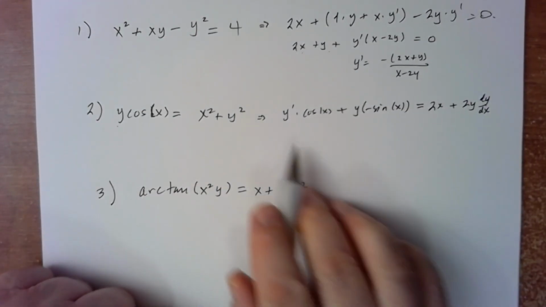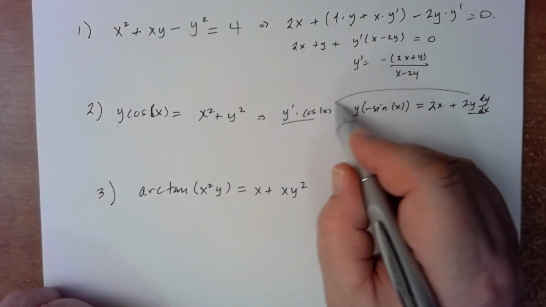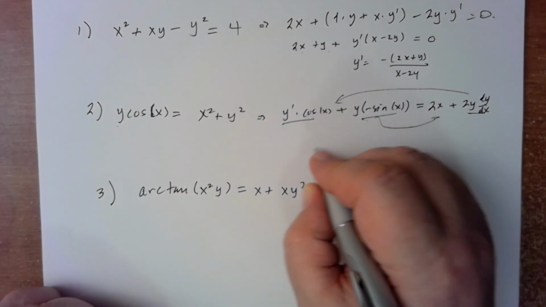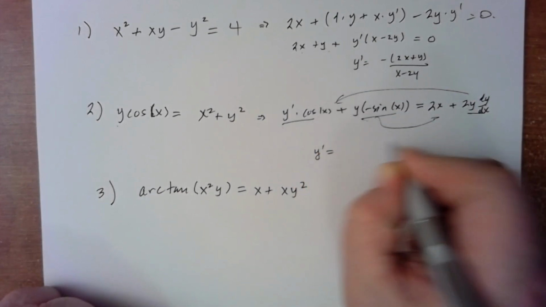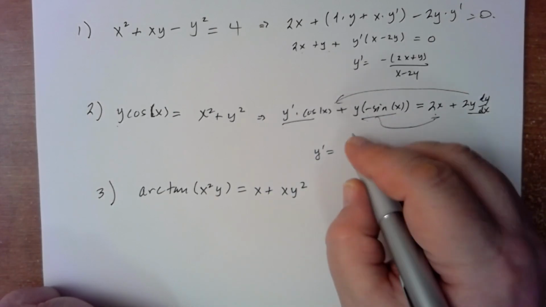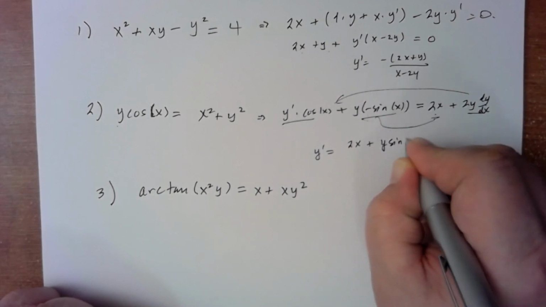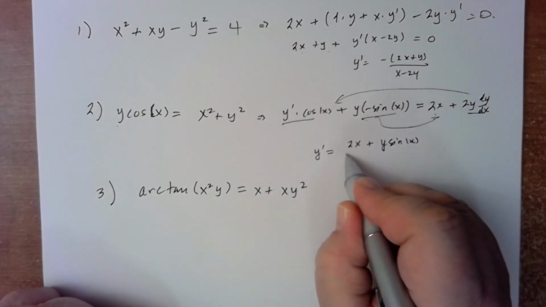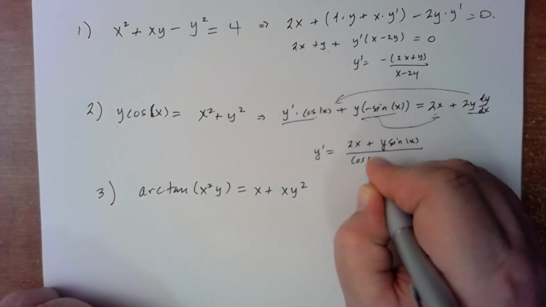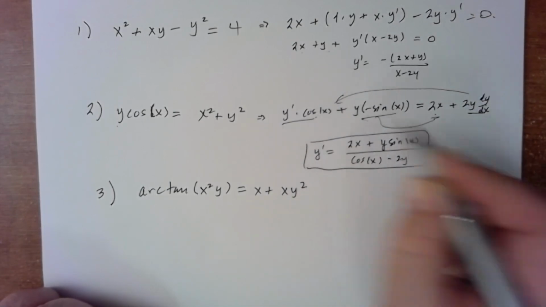Again, we can bring our y primes together. So I'll bring this over to the other side, and I will have y prime equal to 2x plus y sine of x, all divided by cosine of x minus 2y. Good. And so there's your y prime.